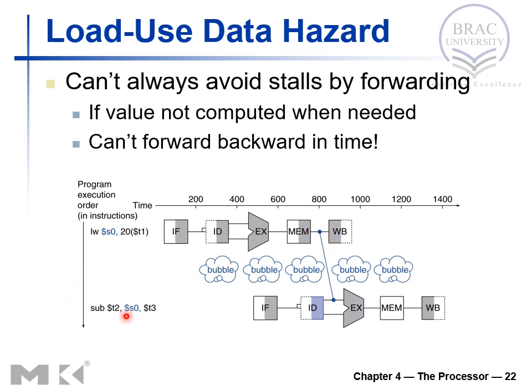Now consider this sub instruction. In this sub instruction, the destination is T1, T2, source 1 is S0, and source 2 is T3. This S0 is source 1 here, which means we need to update this S0 before sub can access S0. To do that, this write back needs to be performed.